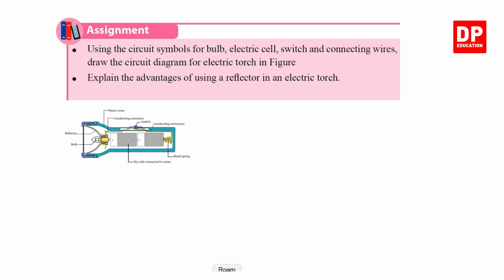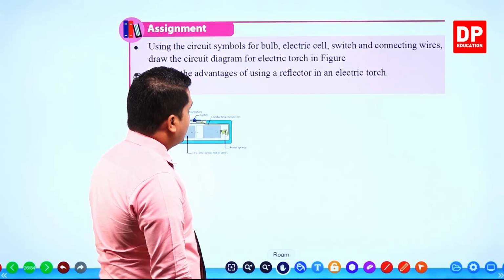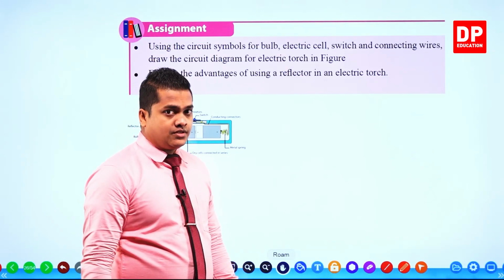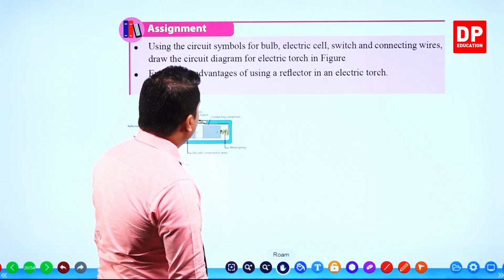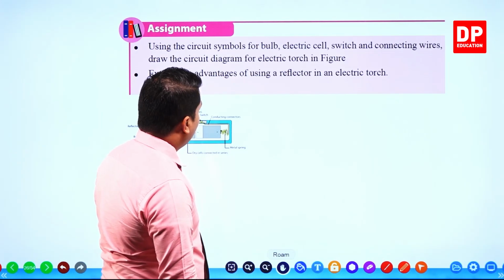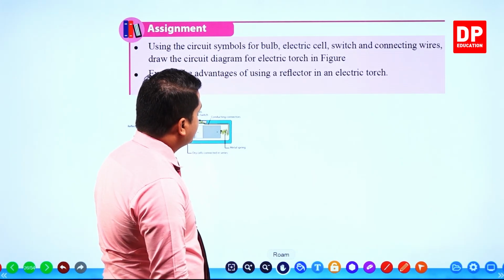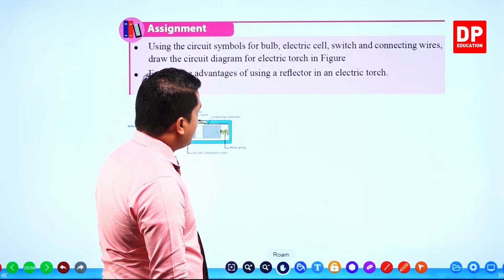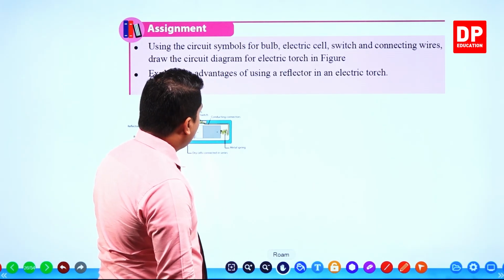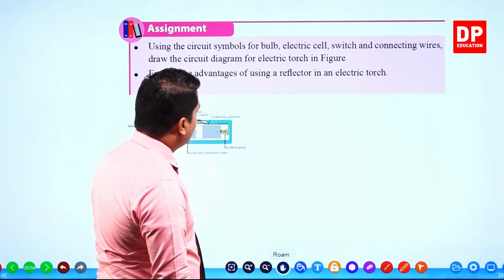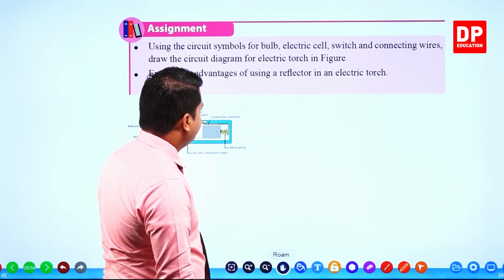So my dear children, you are given a simple assignment, right? Here you are given a simple assignment. Using the circuit symbols for bulb, electric cell, switch and connecting wires, draw the circuit diagram for the electric torch in the figure.